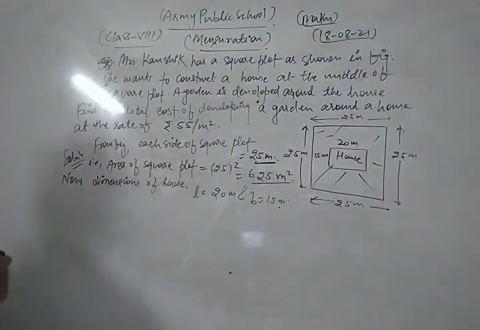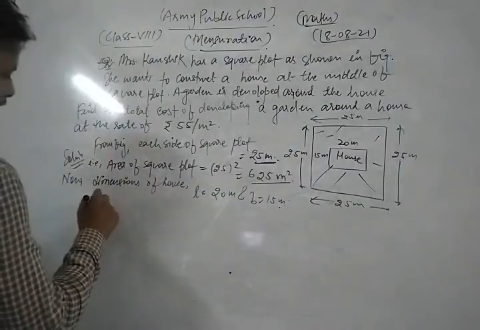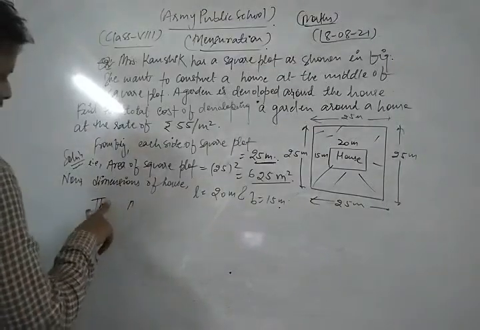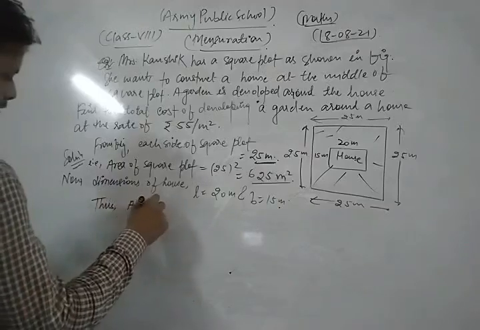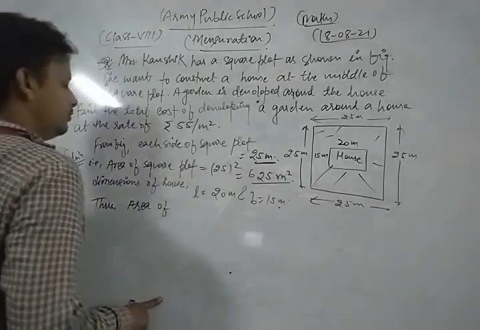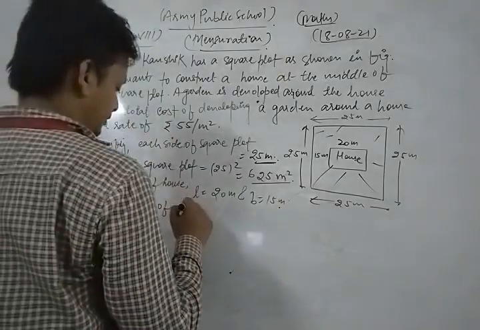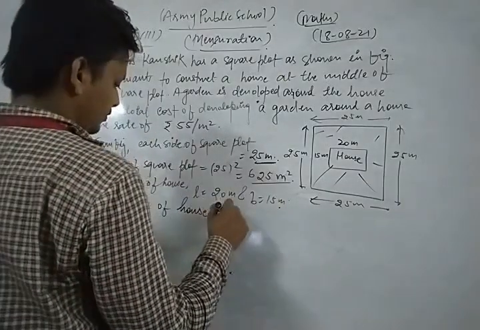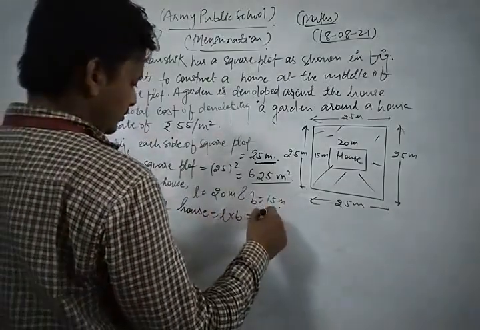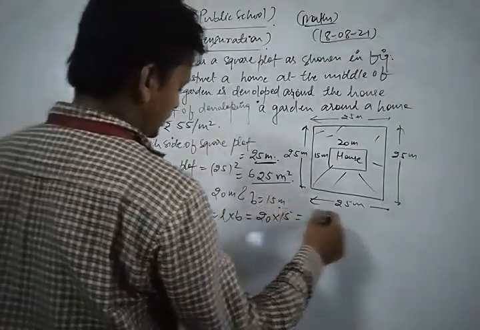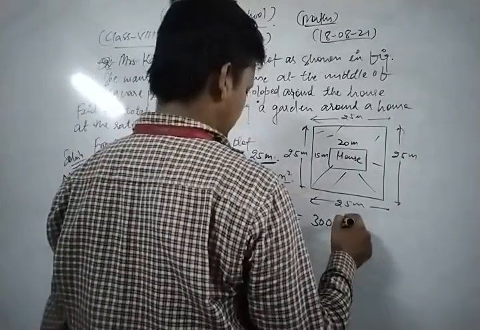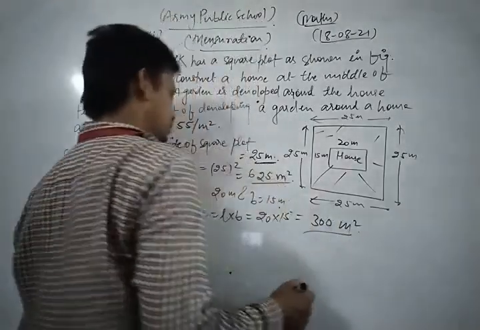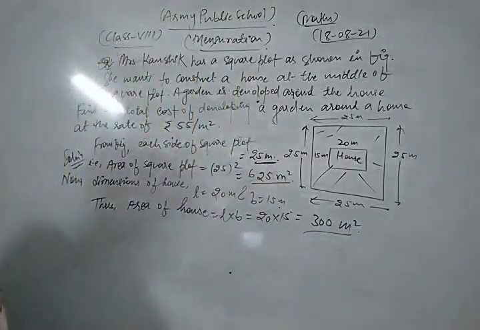Thus, the area of the house is 20 into 15, which is 300 meter square.